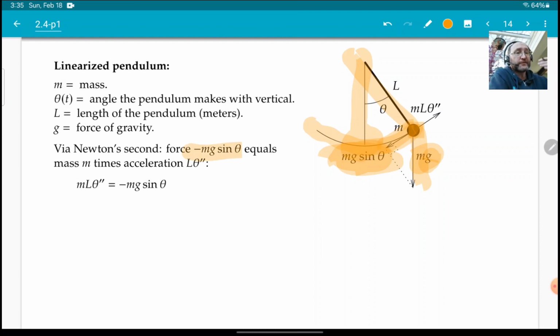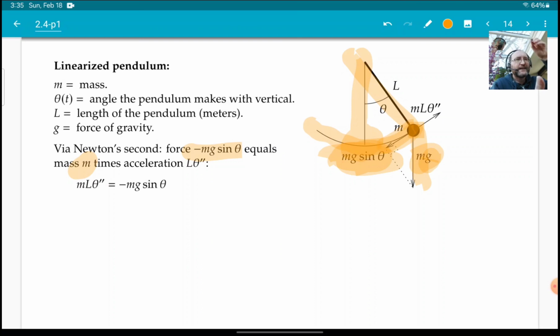That's the force that's supposed to equal mass times acceleration, which is m, and acceleration you want to think about in units of distance over time squared.